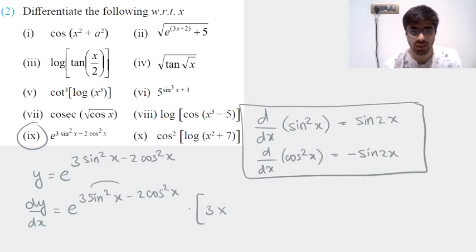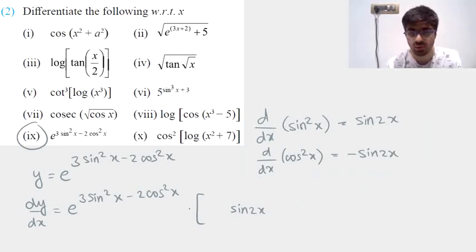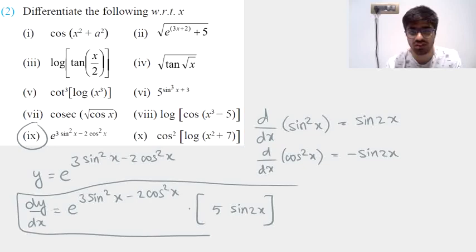So 3 into the derivative of sine square x, which is sine 2x, minus 2 into the derivative of cos square x, which is minus sine 2x. 3 plus 2 is going to make it 5 sine 2x, and that's what we will directly write over here. So this is going to be the final expression of dy by dx for that 9th question.